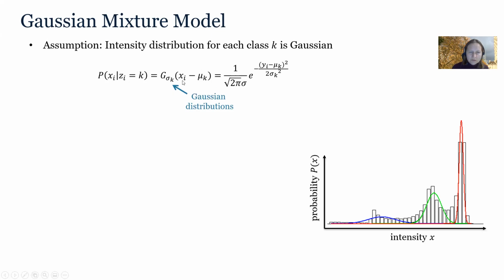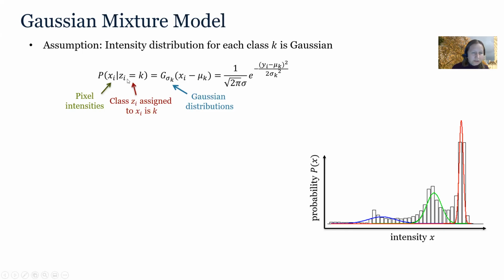You see that we have the intensity, the mean, and the standard deviation. These are the standard equations for the Gaussian distribution. And this Gaussian distribution for each class is actually a probability of observing a certain pixel or voxel intensity given the label.